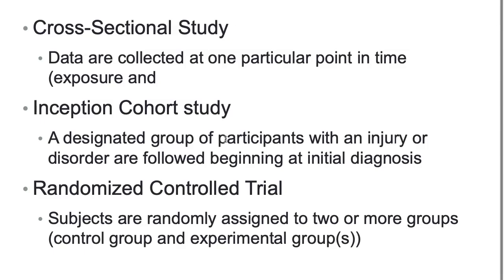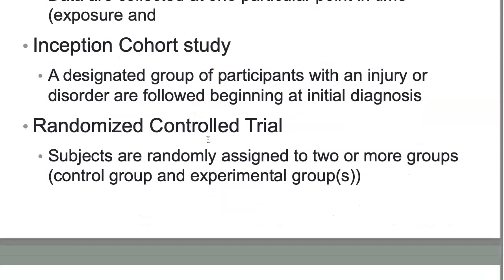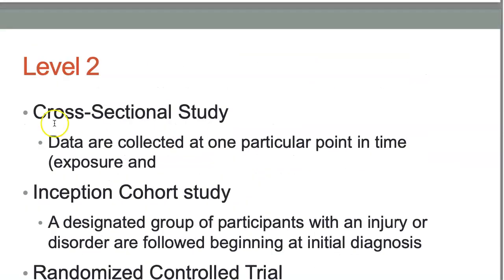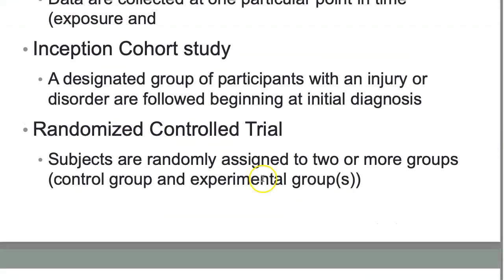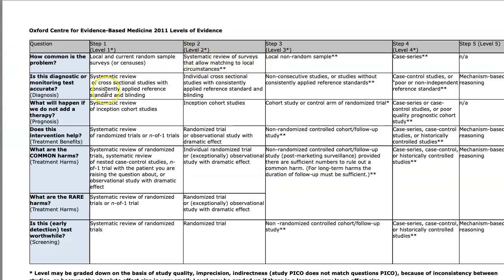So we're trying to see how they do over time. And our RCTs, subjects are randomly assigned to 2 or more groups, a control group and an experimental group. So that's level 2 types of studies. Level 3, so if we go here, we're in individual cross-sectional studies with consistency applied, inception cohorts, randomized, all these types of things here, okay?